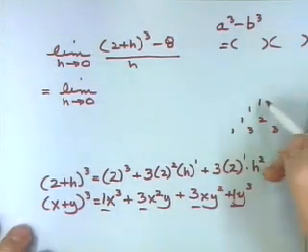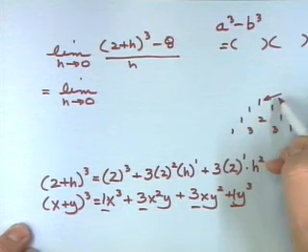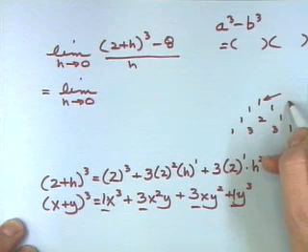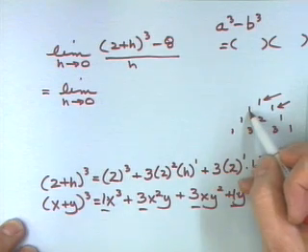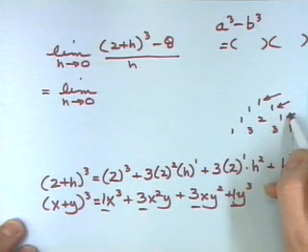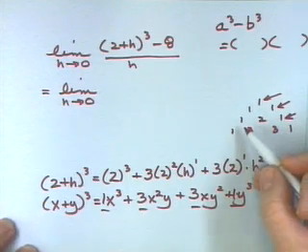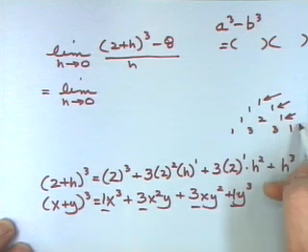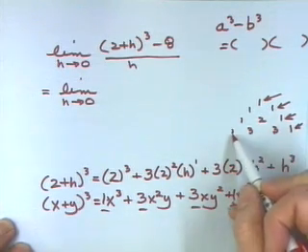So this would be a binomial to the 0 power, right? Coefficients would be 1. Something to the 0 is 1. This would be a binomial to the first. A plus b to the first is 1a plus 1b. Here's a plus b squared: a squared plus 2ab plus b squared. Here is some binomial cubed.